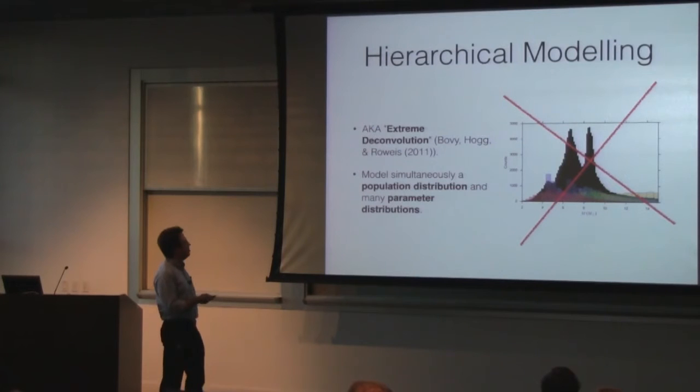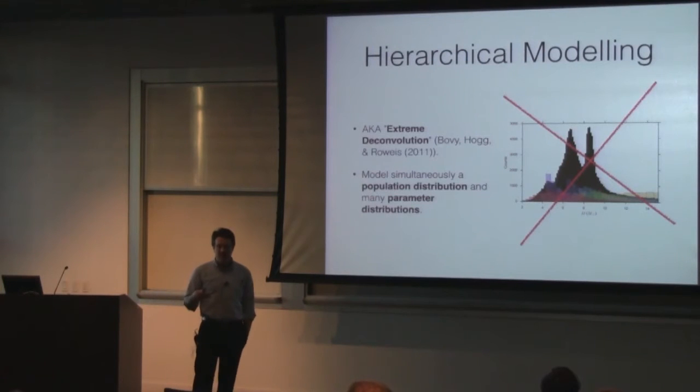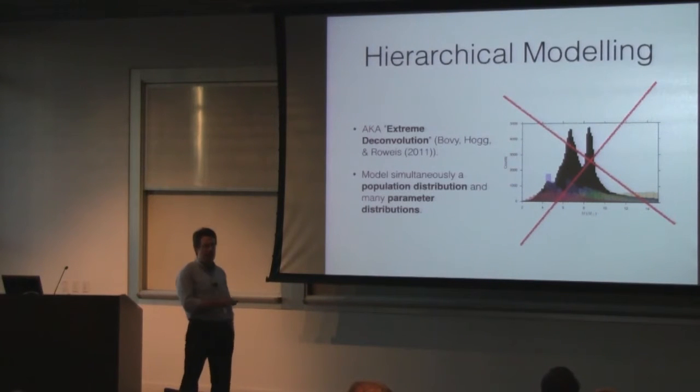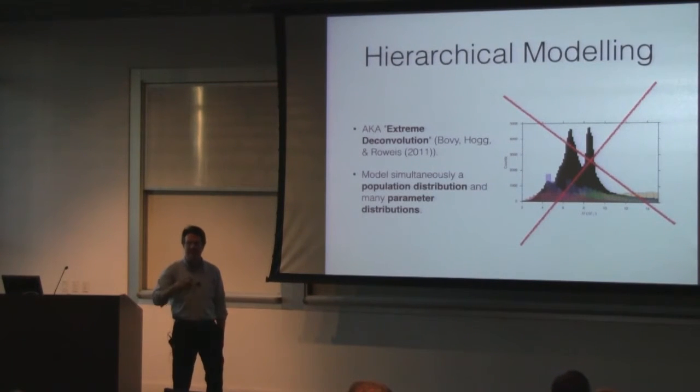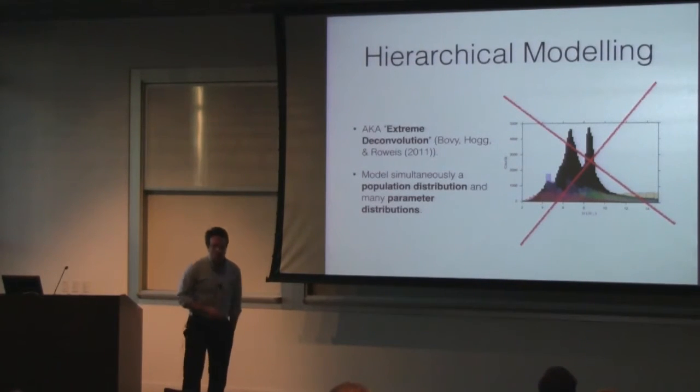The right thing to do is to build a model of the population distribution and use that as a prior. That's your prior guess as to what each individual mass is, and then model the individual measurements in a second layer of analysis. That's why this is hierarchical. There's a population layer and there's an individual layer.